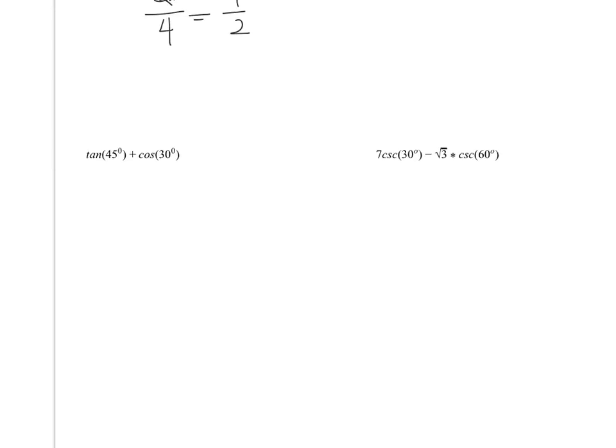So this one says the tangent of 45 plus the cosine of 30. So again, I can replace these because I know the angle from our exact values on the first page. The tangent of 45 is just simply 1. And the cosine of 30 is the square root of 3 over 2.